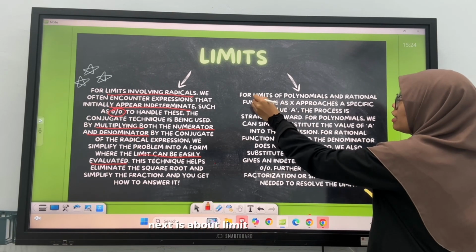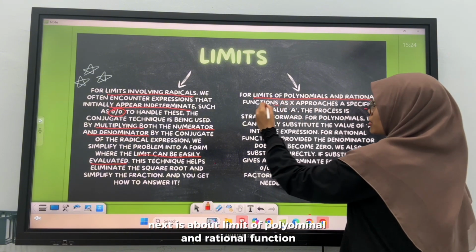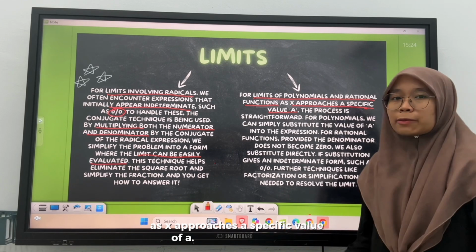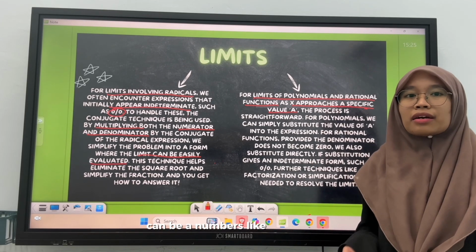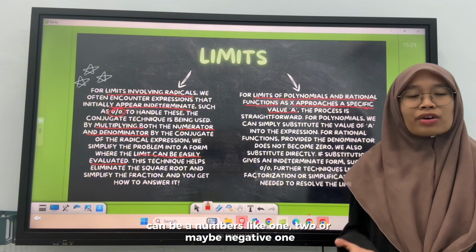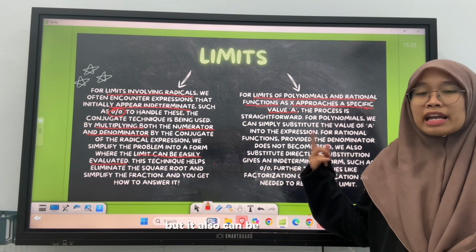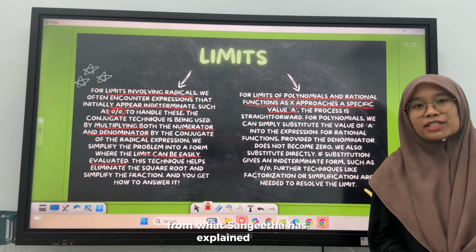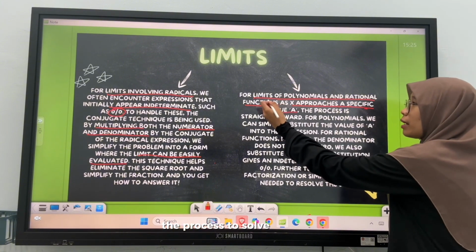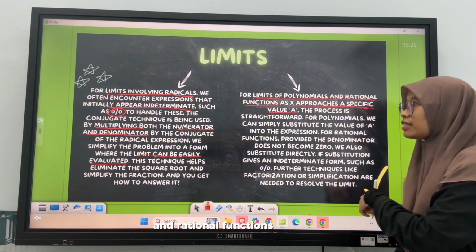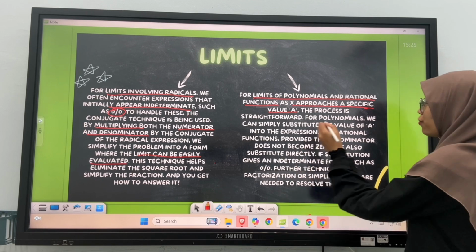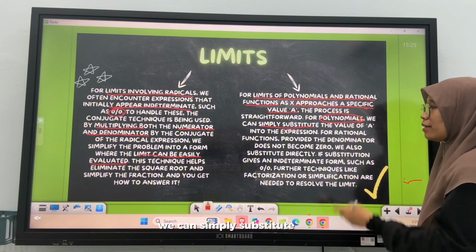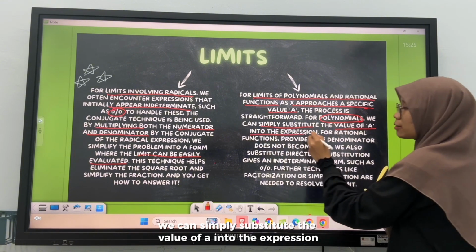Next is about the limit of polynomial and rational functions, as x approaches a specific value of a. The specific value of a can be a number like 1, 2, or maybe -1, but it also can be negative infinity or positive infinity. From what Sangeeta has explained to us, the process to solve limits of polynomial and rational functions is very straightforward. For polynomials, we can simply substitute the value of a into the expression.